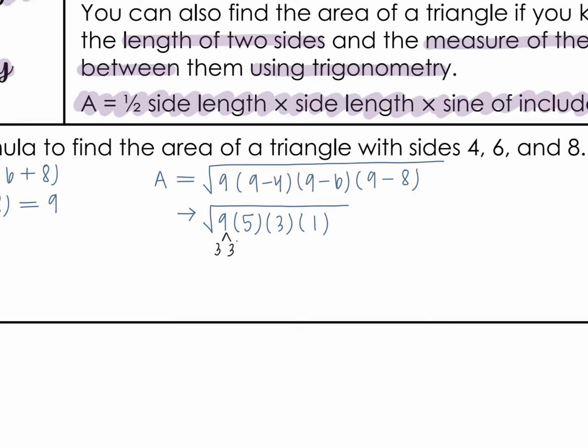So here I have a pair of 3s I can pull out. And since I have no more pairs, I'm just going to multiply everything back together. We'll have that 5, 3, and 1. When we multiply them, we will get 15. And so that's going to give me 3 root 15 units squared as my answer here for the area of this triangle.